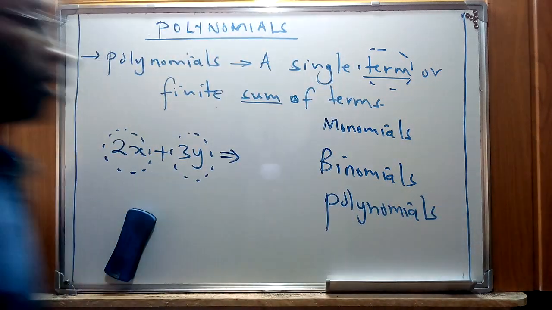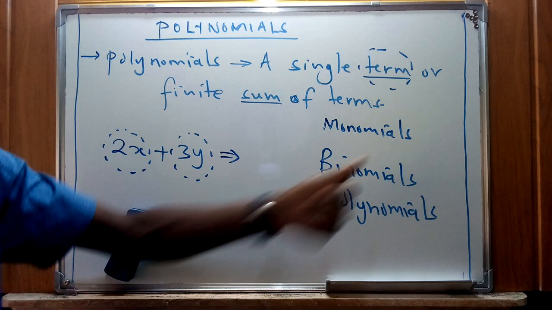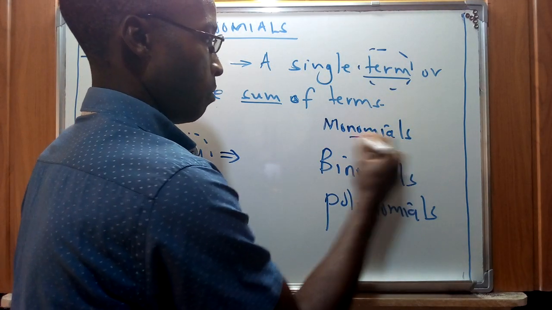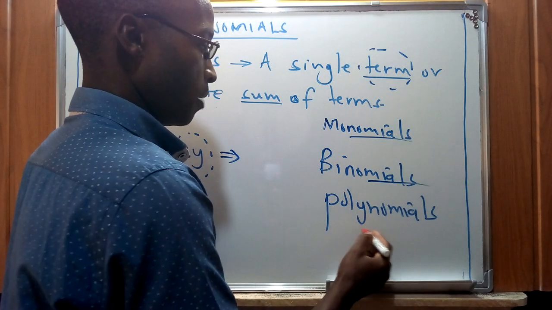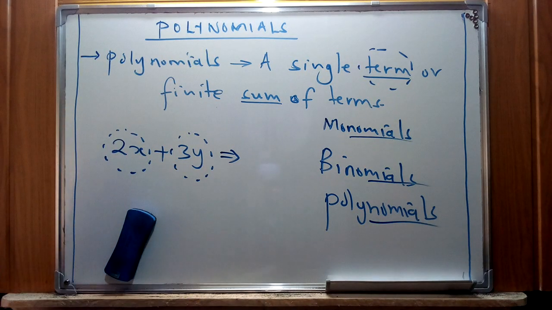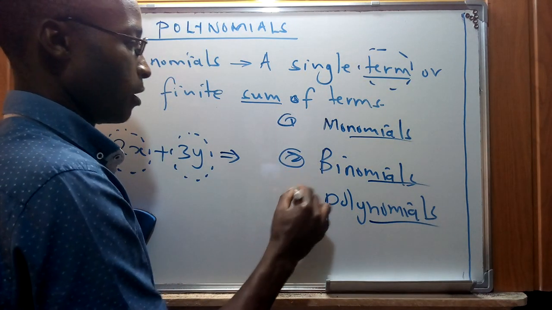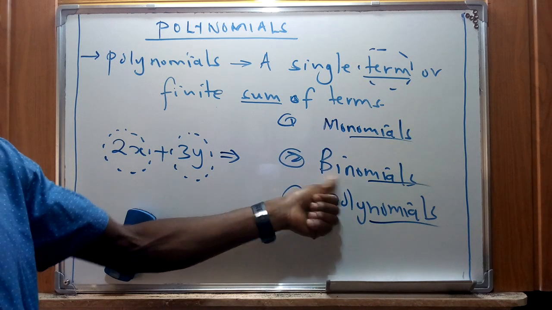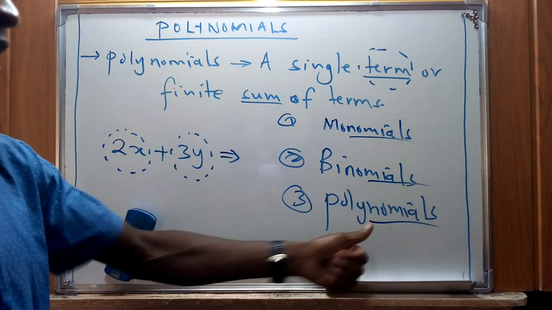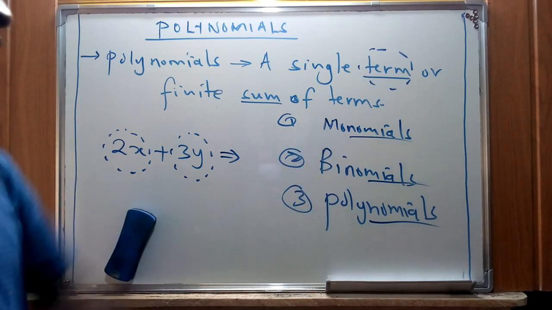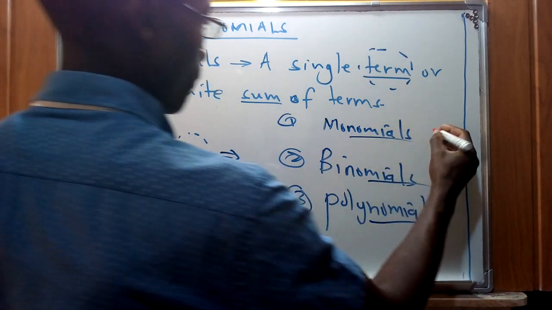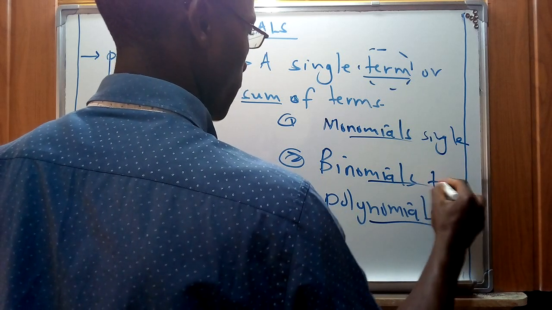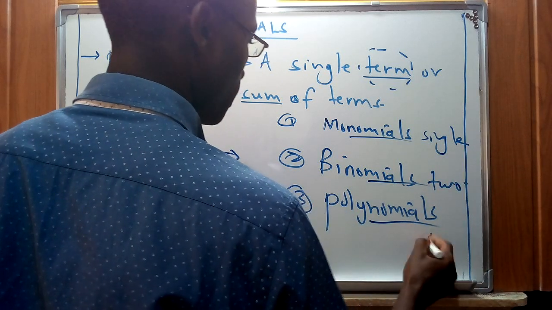From these names, we can see that there's a characteristic ending, and the prefixes used are mono, implying 1, bi implying 2, and poly implying more than 2. Therefore, a monomial is made up of a single term, whereas a binomial is made up of two terms, and a polynomial has more than 2.